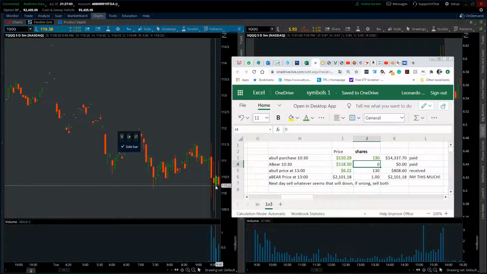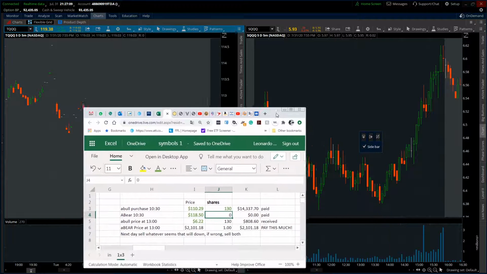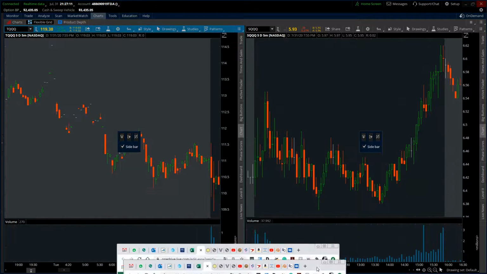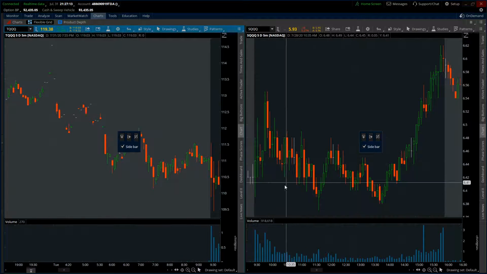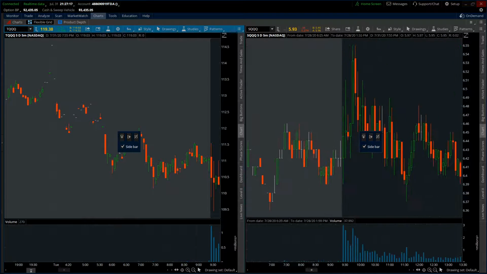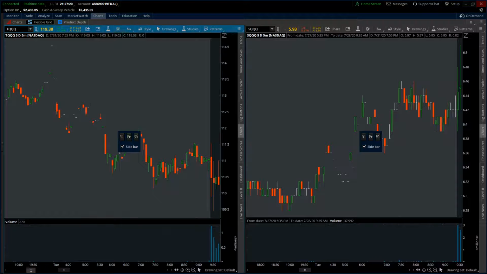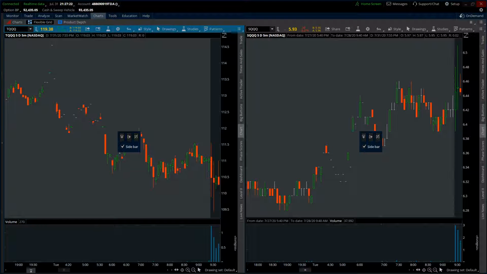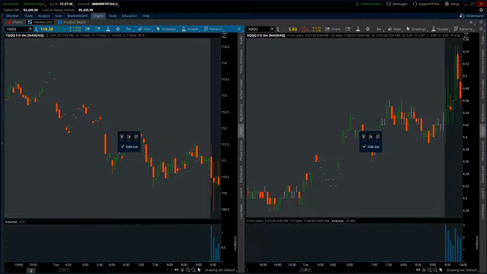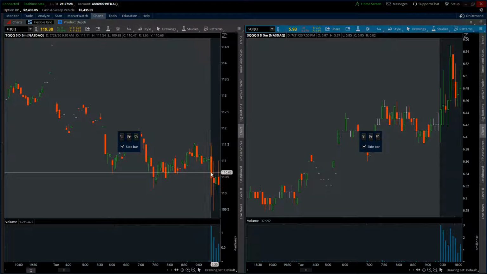So at this time, okay, if you look at this graph on the other side, early in the morning, where am I here? That would be here. Three or four bars. 1, 2, 3.